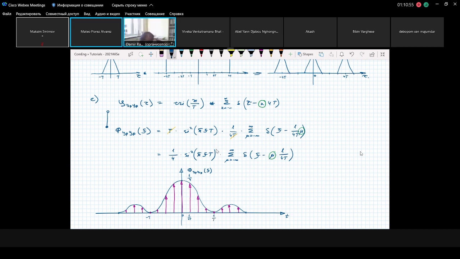It should be 1/capital T and 2/capital T, because we are in the frequency domain. It's a very good point. I hope I didn't make more typos. Oh, and it's not time, it's frequency. Sorry, I think now it should be right.